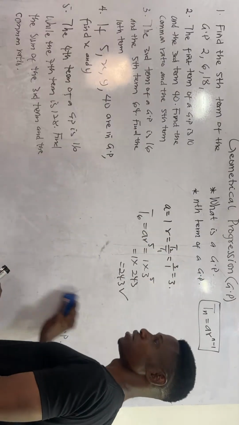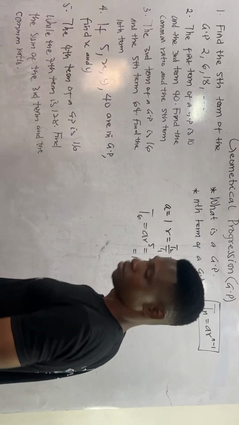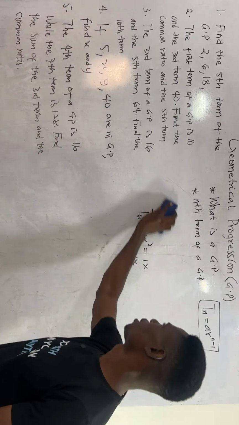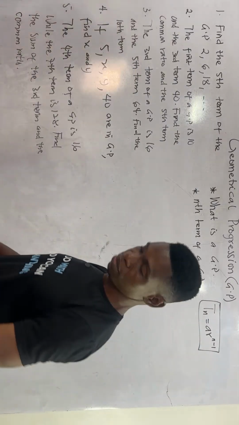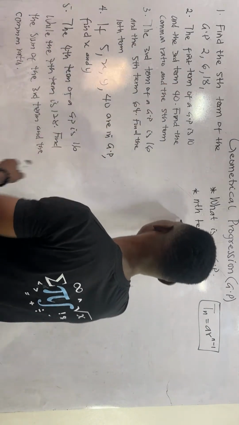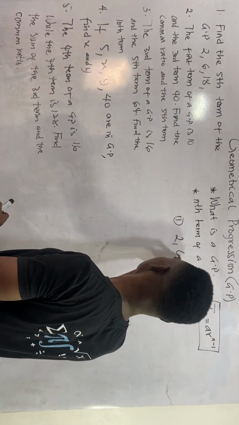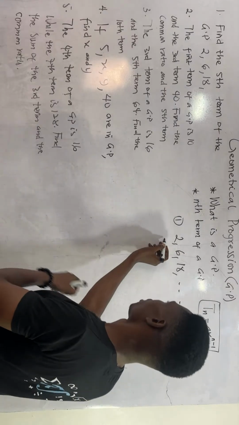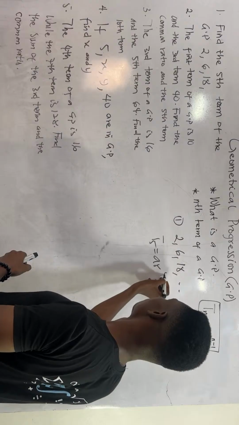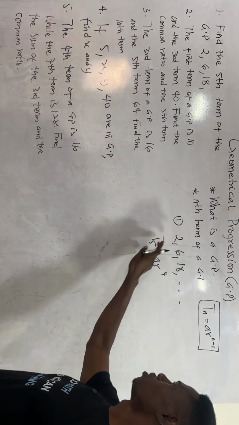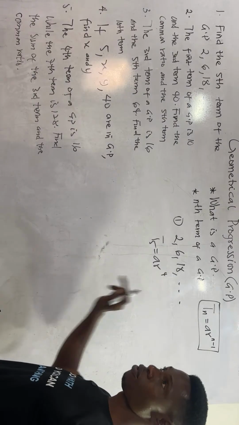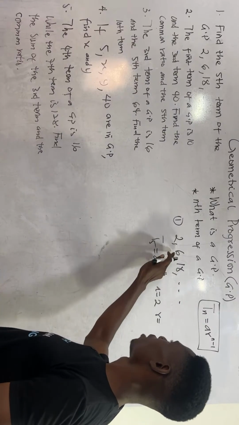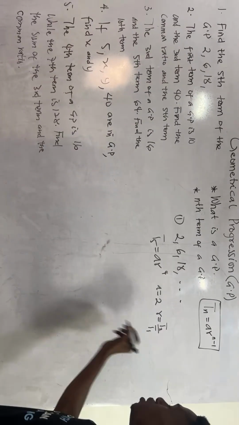So question 1 from here, the progression is 2, 6, 18, and it says you find the fifth term. So remember, T5 will be what? AR4, right? Based on what we have here. So T5 is going to be AR4. Now, what's our A? Our A is obviously 2, and our R, remember, R is T2 over T1.